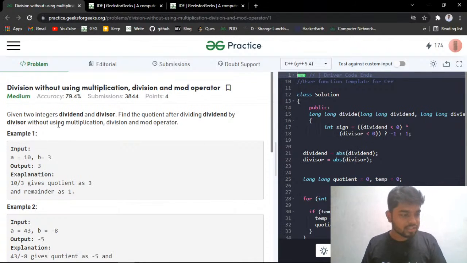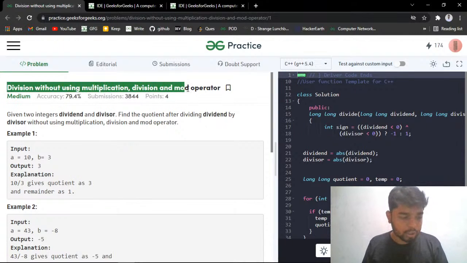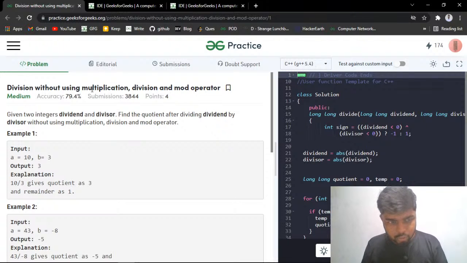So what does the problem say? The problem name is division without using multiplication, division or modulo. In this problem, you have to perform a division operation and you do not have to use the multiplication, division or mod operator.